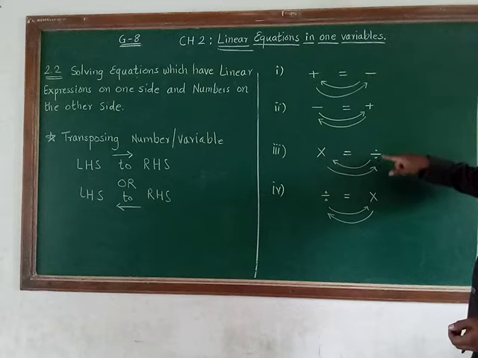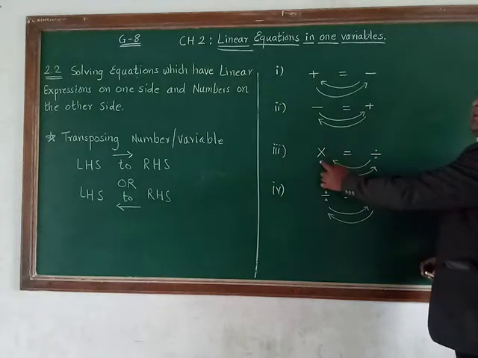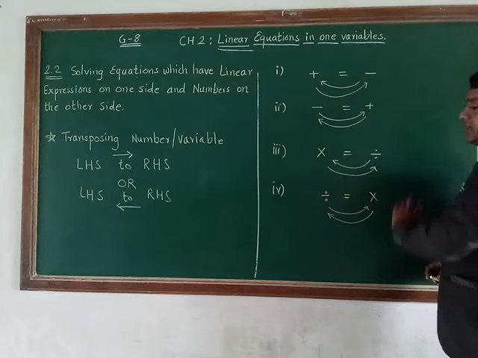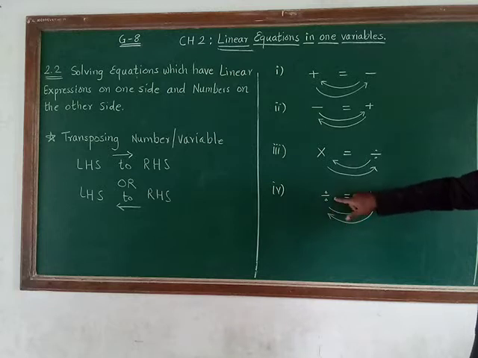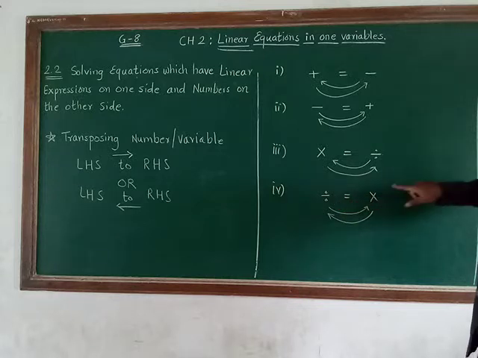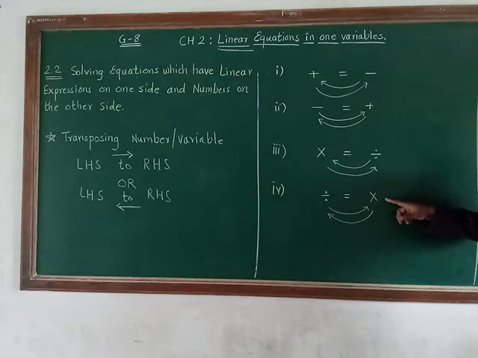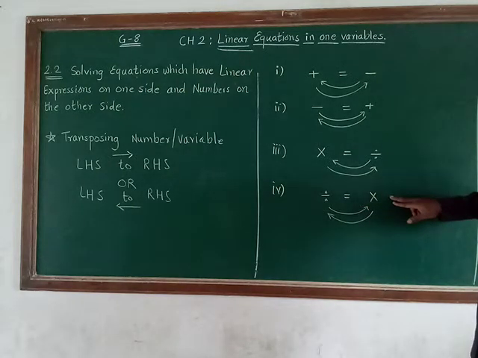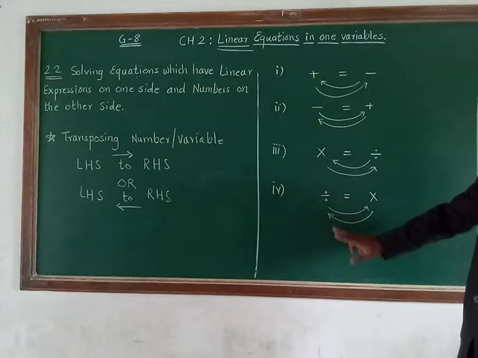And whenever a value or number is divided on one side and we transpose it to the other side, it changes accordingly. Finally, the fourth rule: whenever a number is divided on one side and we transpose it to the right hand side, it becomes multiplied. And whenever we transpose a number to the left hand side, that number divides the left hand side number.